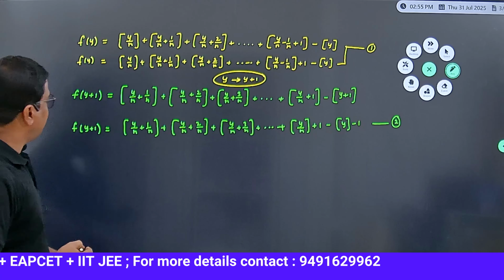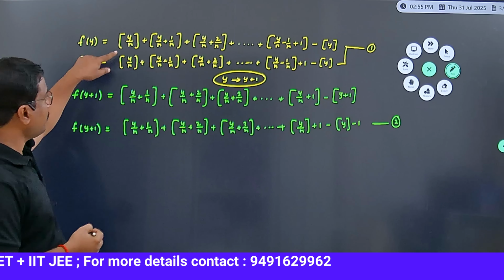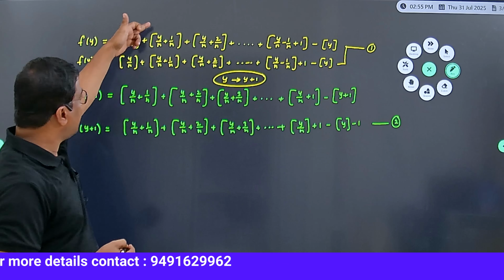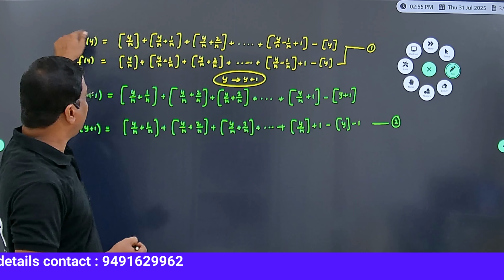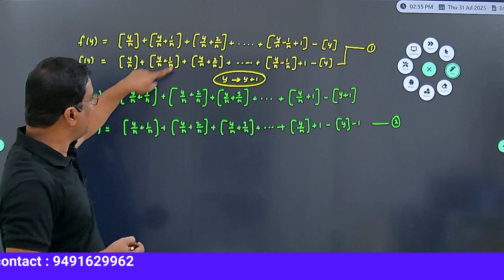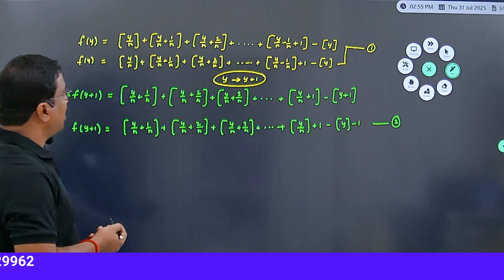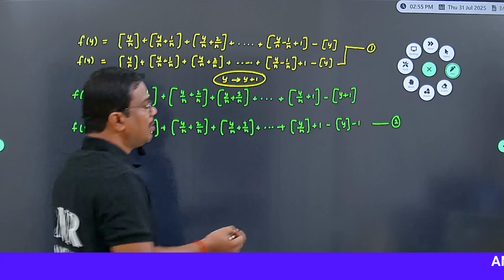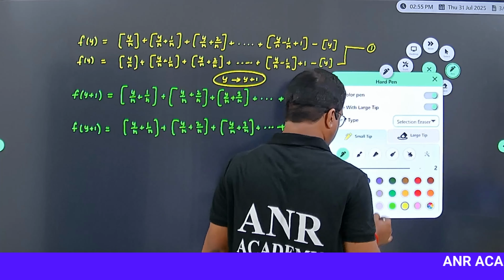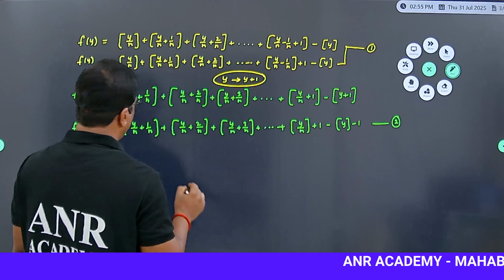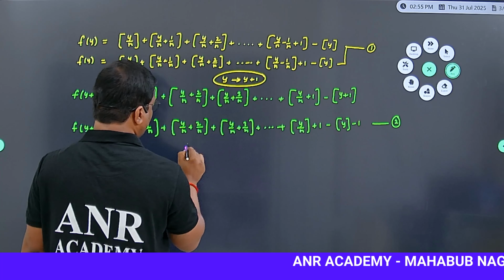Now observe the terms. Here f of y plus 1 starts with the second term from f of y: y by n plus 1 by n, y by n plus 2 by n, and so on. Now apply 2 minus 1.